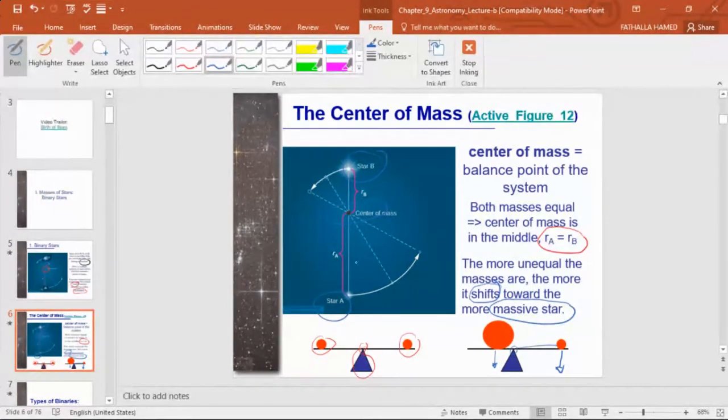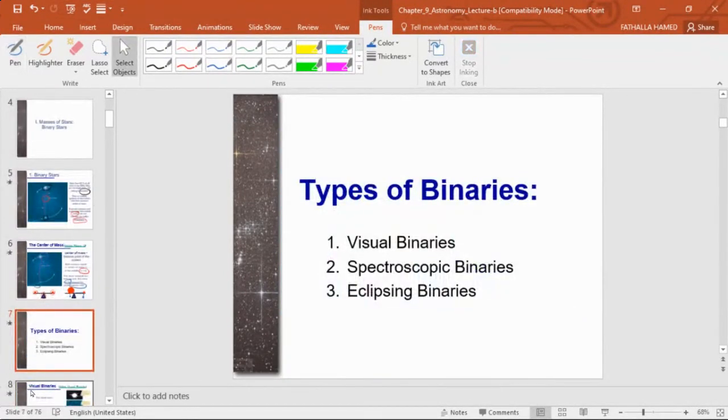We can say something about their masses and so on. So now, what are the types of the binaries? And here we say that we have visual binaries, spectroscopic binaries, and eclipsing binaries.